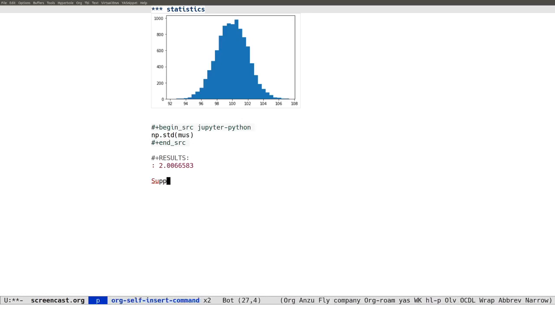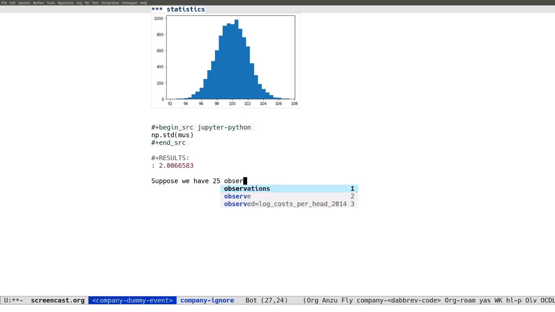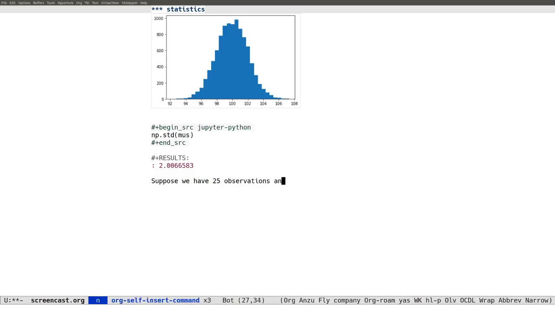So suppose we have 25 observations, and the average of these 25 observations equals 104.